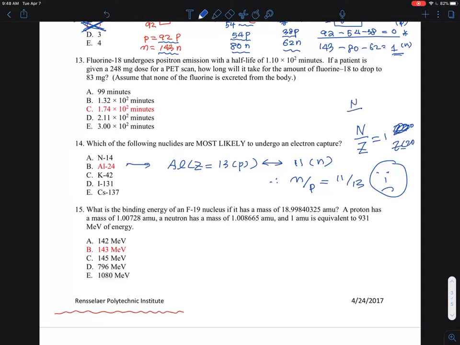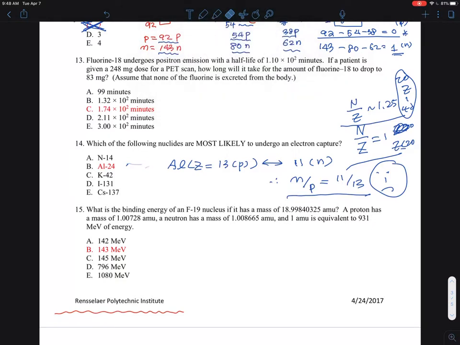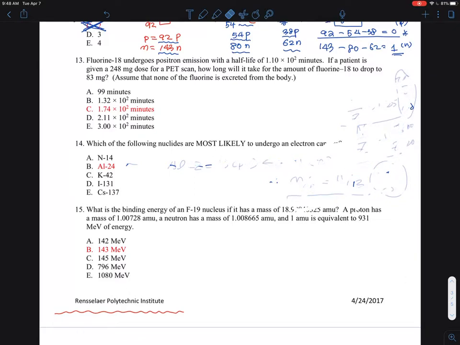And then N over Z is about 1.25 for Z from 20 to 40, and this is what is called the diagram that is shown up here, and this one shows the neutron number is very, very small. You can see for yourself later. I'm going to solve this one with the students later, so I will just delete this one for now.